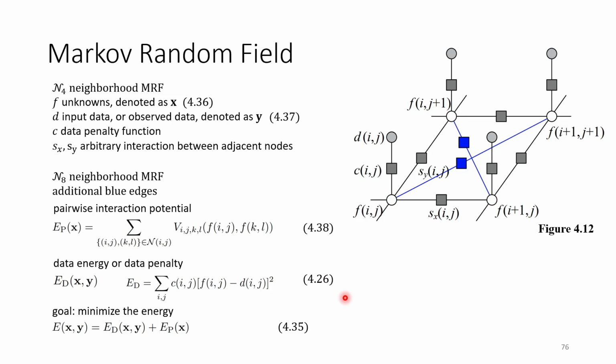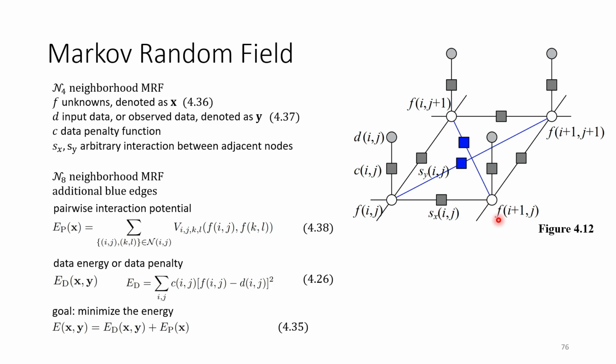And for its 8-point neighborhood, another model, it will be 1, 2, 3, 4, 5, 6, 7, 8. So you see the blue lines and the blue rectangle here mean the 8-pixel neighborhood.